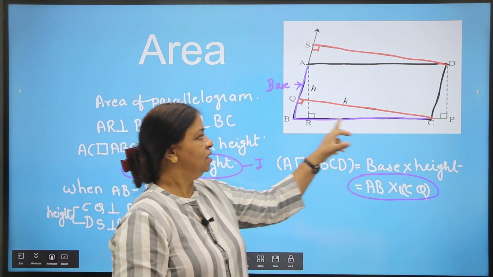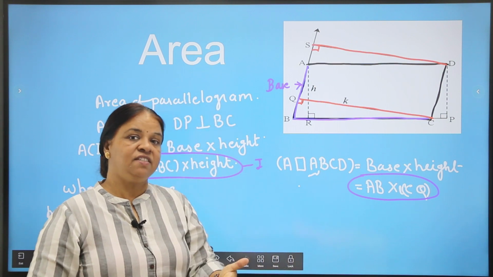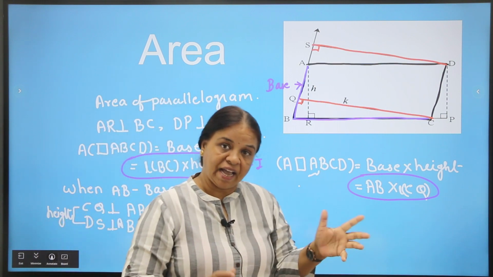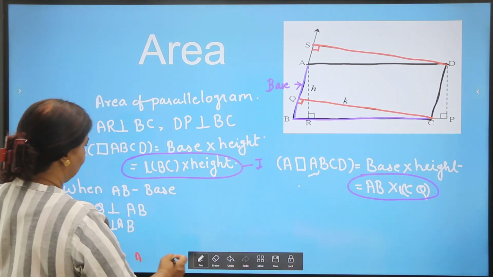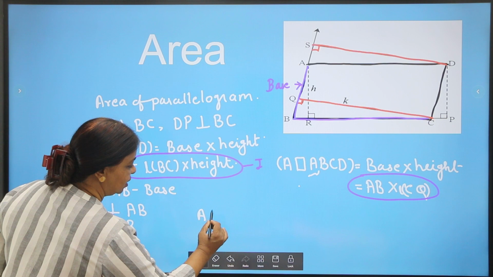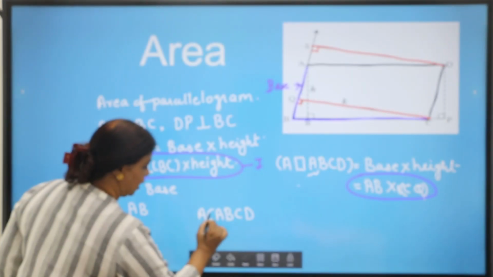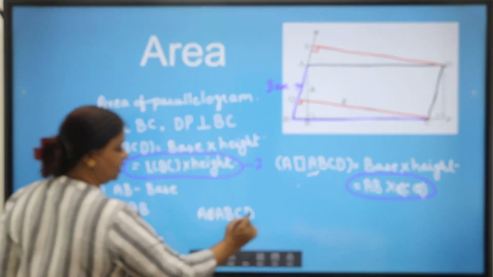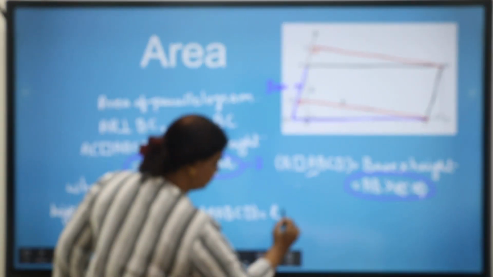We are taking the same parallelogram, but in both the cases we are changing the base, we are changing the height, but the area remains the same. So I can finally write down: area of parallelogram ABCD is equal to length BC into height.